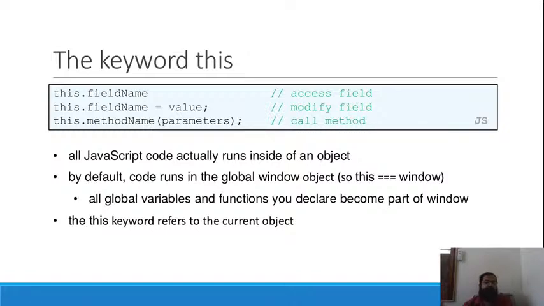So you can use this.fieldName to access any field. this.fieldName equals value assigns it some value. Over here we are assigning some value to the field name, and then you have the object this, so this.methodName with the parameters to call a particular method that is available on this.